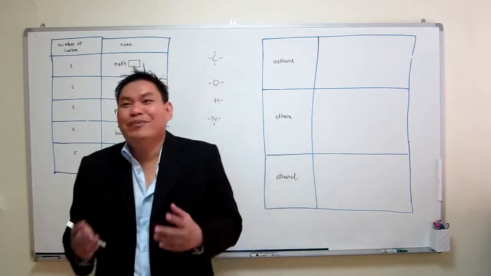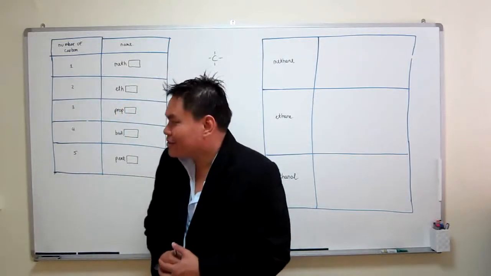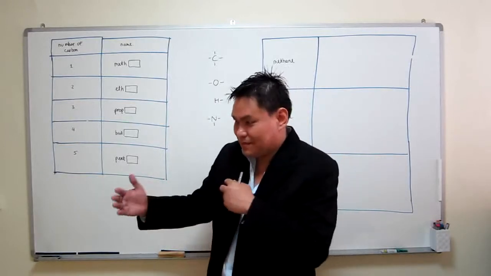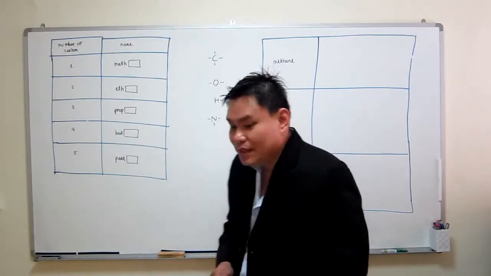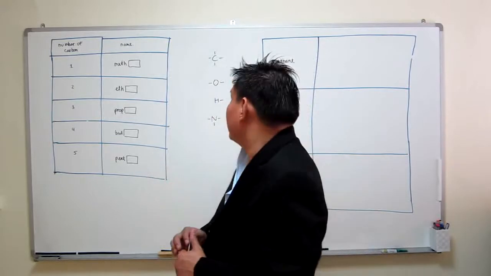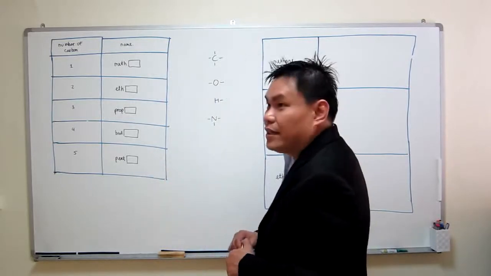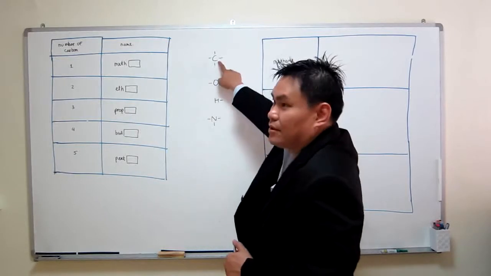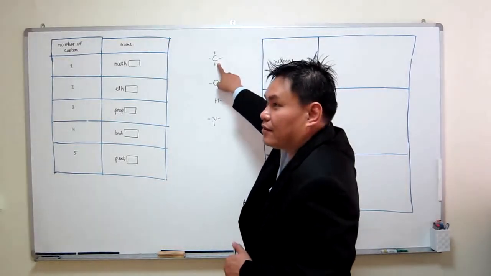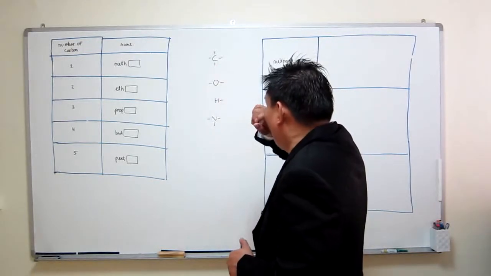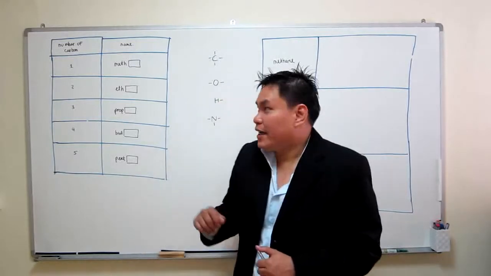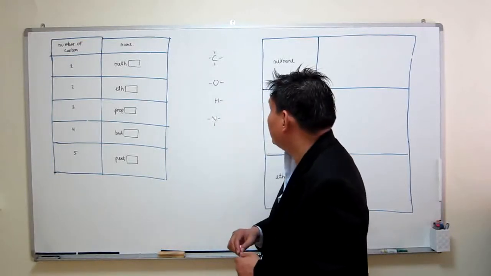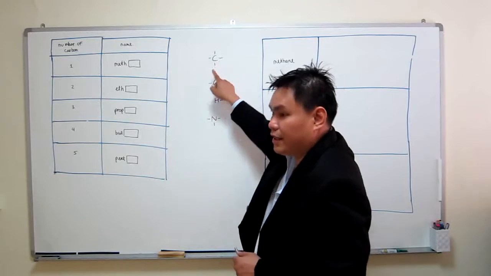There are millions and millions of organic compounds, but we are going to learn only the basics, the simplest types. Organic compounds contain a lot of carbon atoms, and to indicate a carbon atom, you just draw a capital C. Other atoms commonly used in organic chemistry are oxygen, hydrogen, and nitrogen.